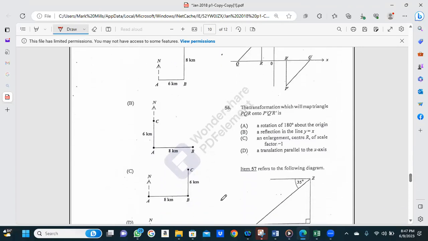So the answer would be C, looking at C. So that means C.